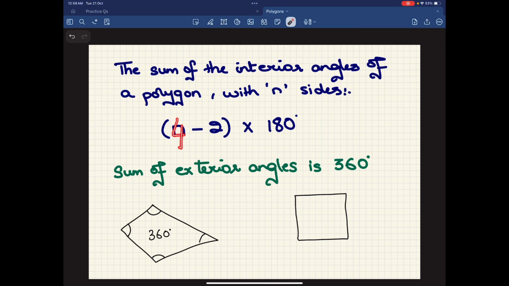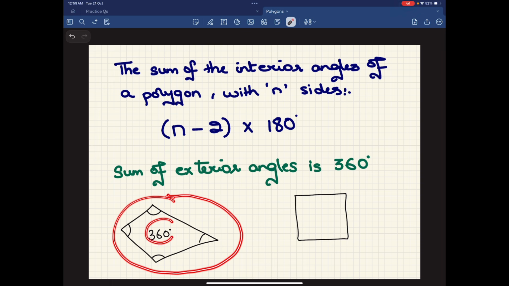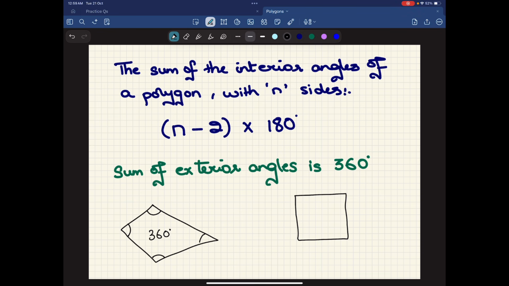So 4 minus 2 is 2. 2 into 180 is 360 degrees. So the sum of the interior angles of this irregular polygon is going to be 360 degrees. And it is going to be 360 degrees for this regular quadrilateral as well. Okay, so the sum is going to be the same, irrespective of whether the polygon is a regular polygon or an irregular polygon.